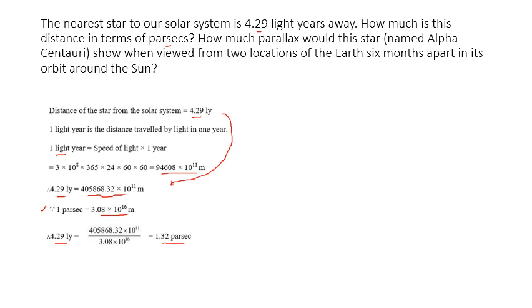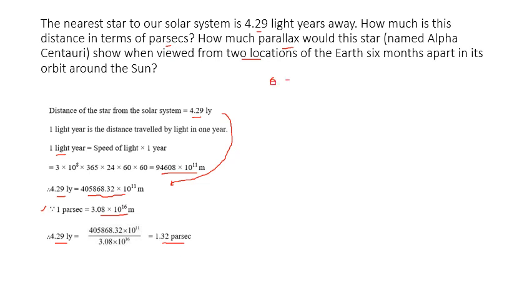How much parallax would the star show when viewed from 2 locations of the earth 6 months apart in the orbit around the sun? What will be the parallax angle theta? Theta is the question now. So what is the formula?